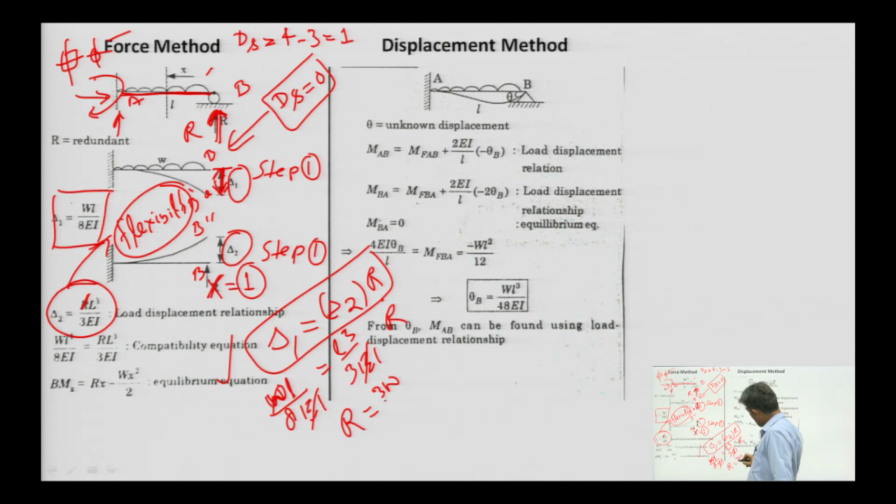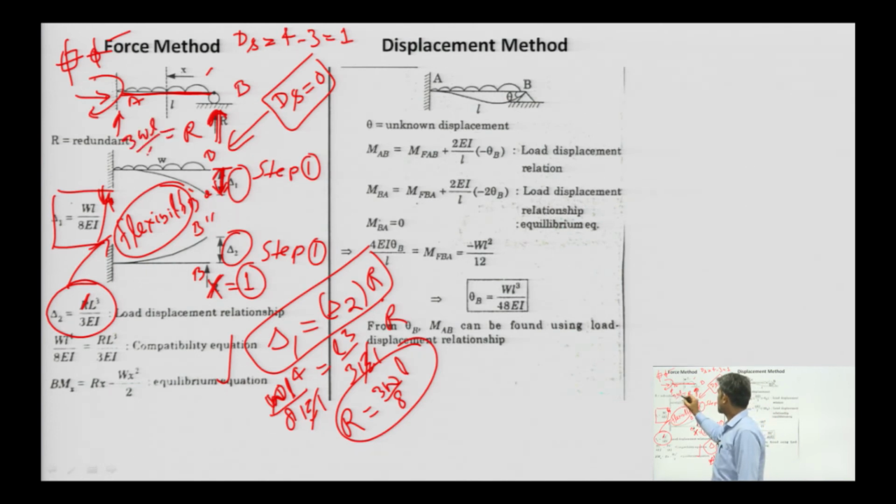It will be L to the power 4 here, I missed that. So R is 3 W L by 8. This value is now known to us.